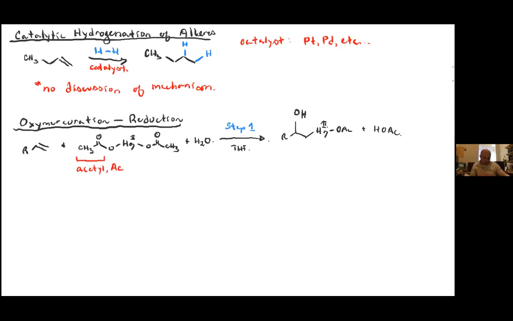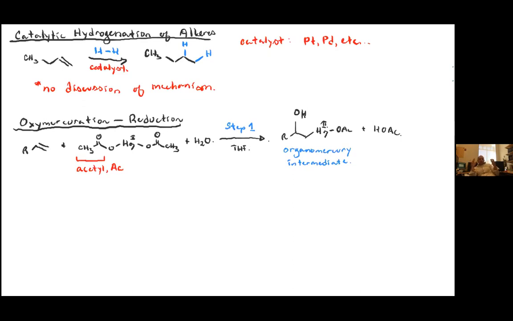We use it so we don't have to draw it out all the time. Okay. So the product of step 1 is an organomercury intermediate. Okay. And you will isolate that compound.